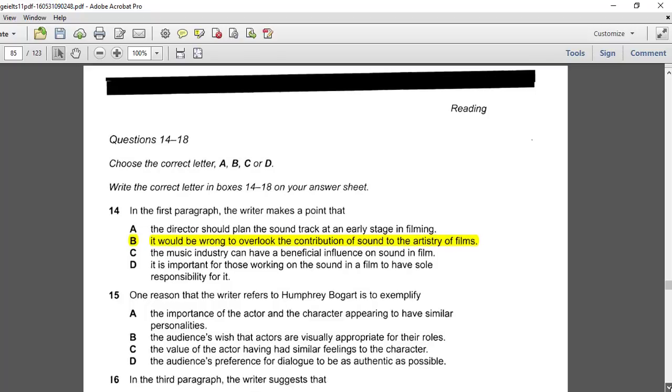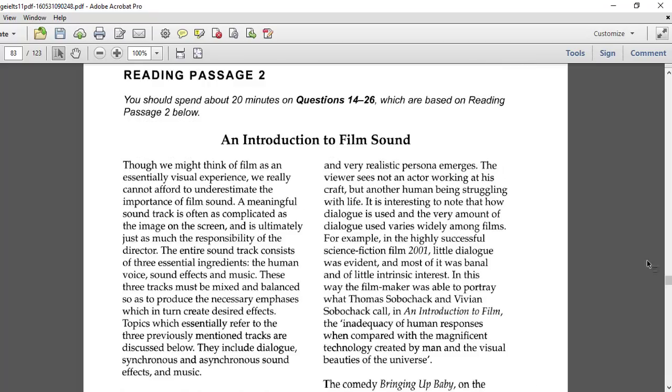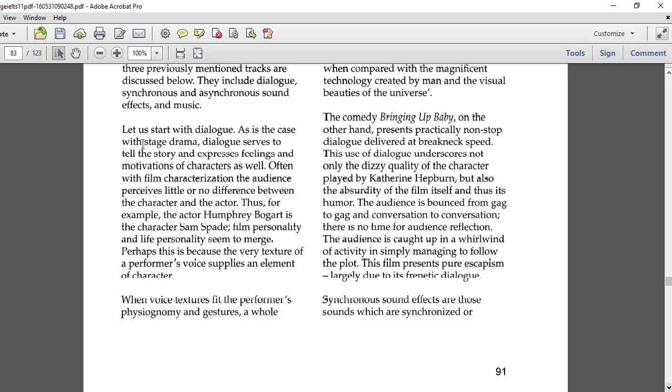Okay. So it says here, one reason that the writer refers to Humphrey Bogart is the importance of the actor and the character. Yes, similar personalities. This is what the passage is saying. Look at the passage again. It says here, as in the case with the stage drama, dialogue serves to tell the story and expresses the feelings of the motivation.